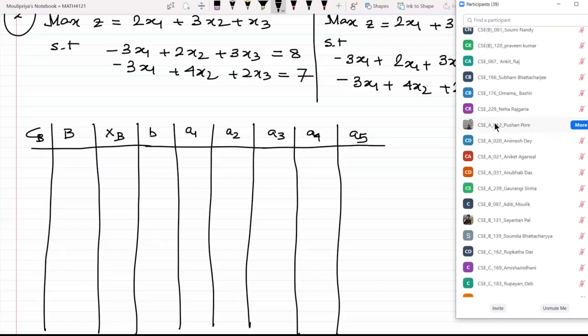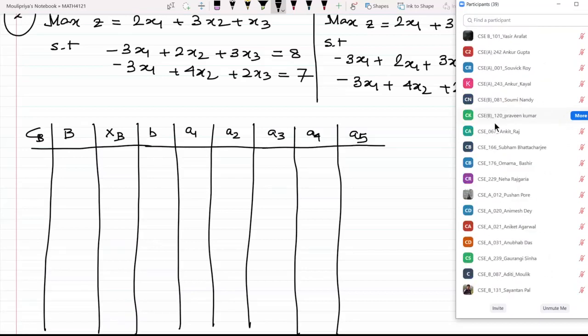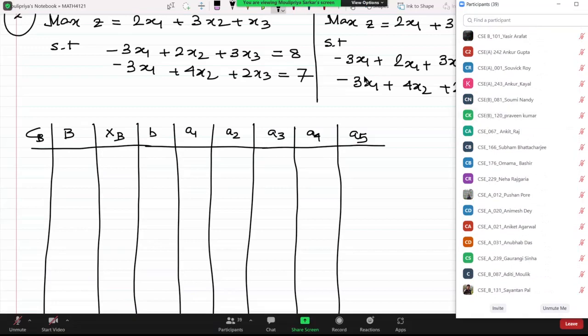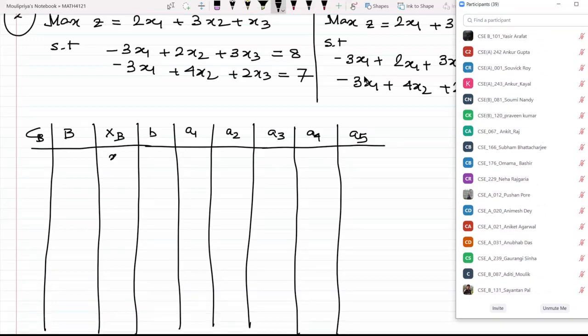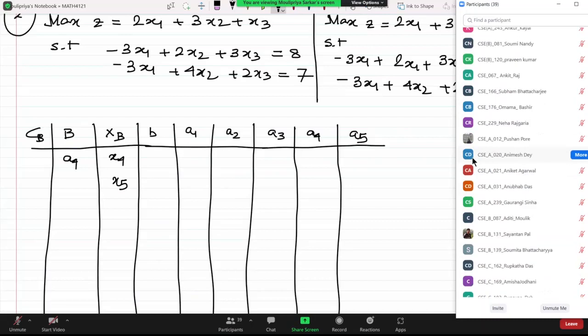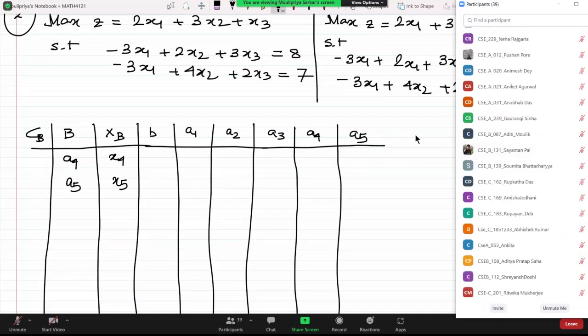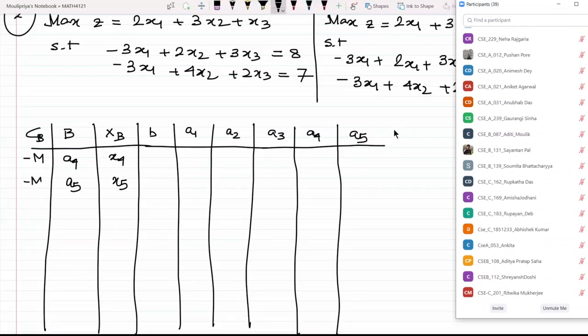So the first part would be simply writing out the variables, the vectors and the elements. So XB would be x4, x5, capital B is A4, A5, corresponding cost parameters minus M each. Small b, the right hand side constant 8, 7.